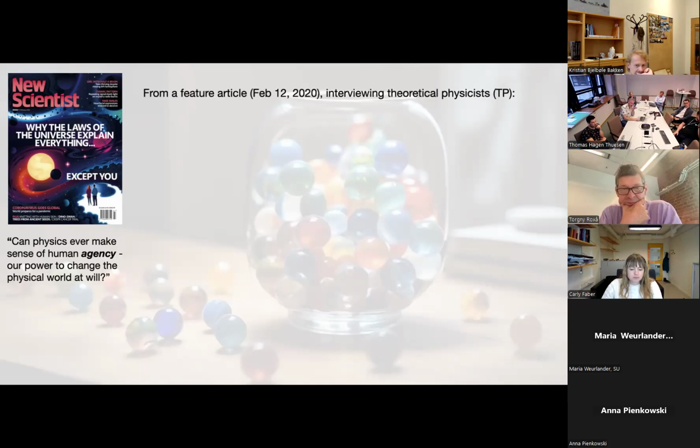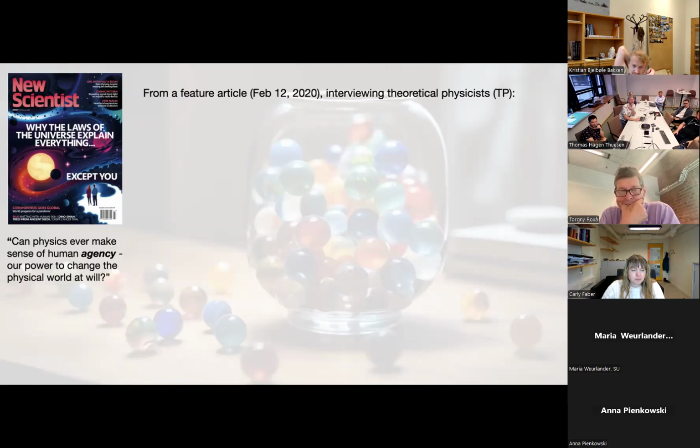And so here they interview theoretical physicists. These are very famous physicists, very high profile. And I don't want to insinuate that what comes across in this article necessarily represents their view on the world. That this is an editorial decision that New Scientist makes. So they will remain anonymous.